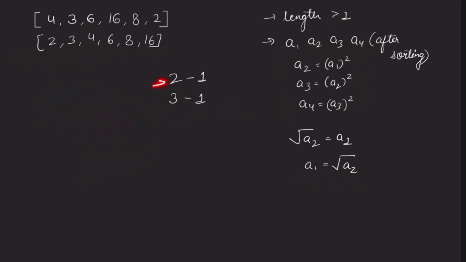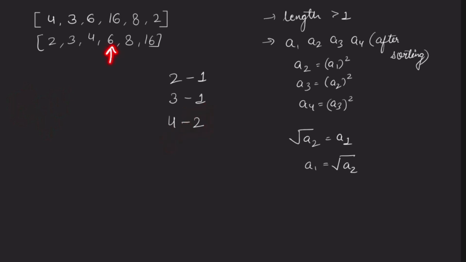And we saw that for 2, we already have a subsequence of length 1. So now this 4 can also be added to that subsequence. Because for 2 the subsequence was this, and now if you add 4 here, you will see that this 4 is the square of 2. Then we can add 4 also. So for 4, the length became 2, meaning there is a subsequence of length 2 where the last element is 4.